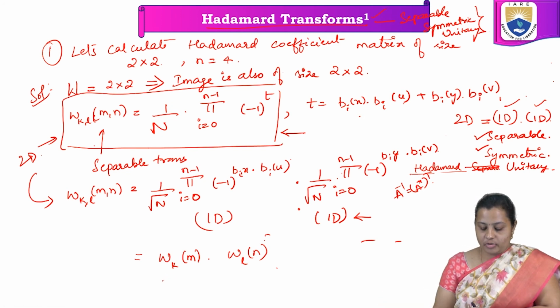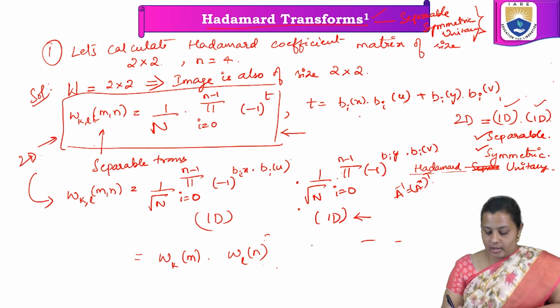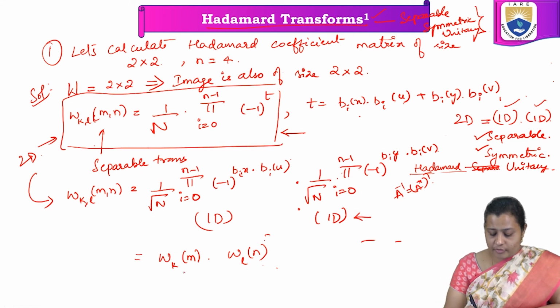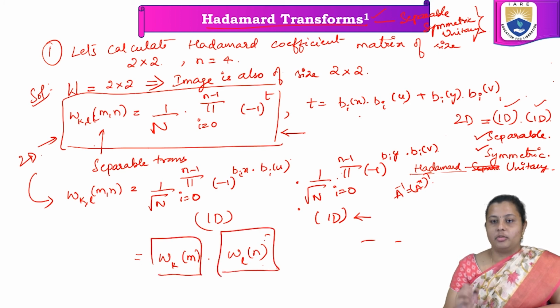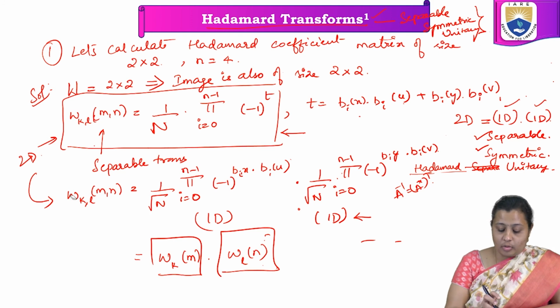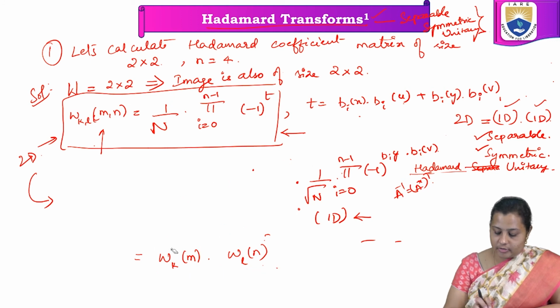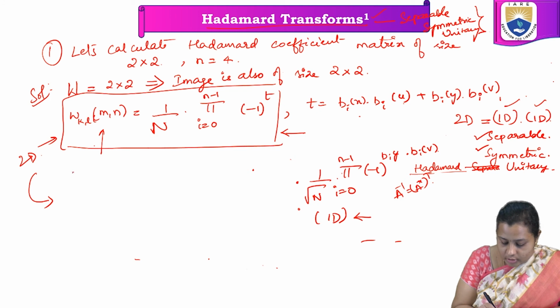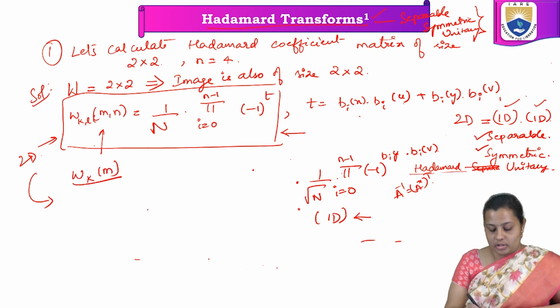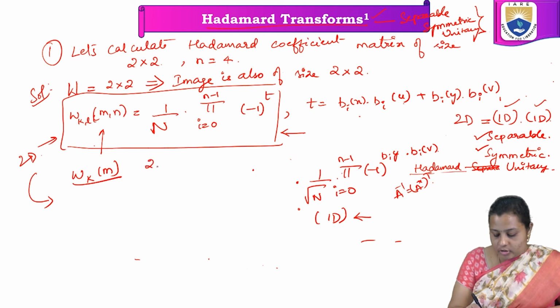So we can observe Wk of m into Wl of n. From this we can conclude that if we calculate my Wk of m, it is very similar to my Wl of n, right? So from this equation we will calculate our Wk of m for the proposed example, which is 2 cross 2.